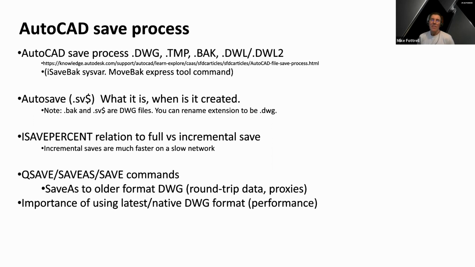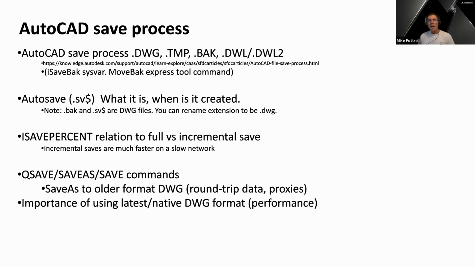We first rename the existing DWG that's sitting on disk that you just opened. We rename it to a .bak file. I think it's always good to keep that enabled, but if for some reason you wanted to disable that, there's an ISAVEBAK sysvar to disable the creation of the BAK file when you save.